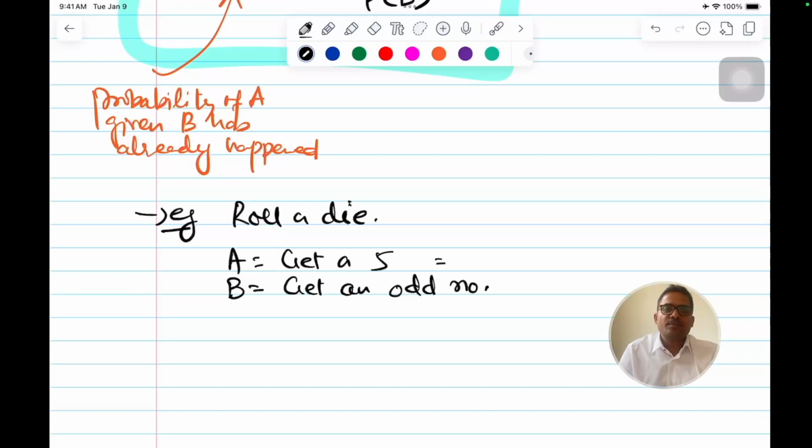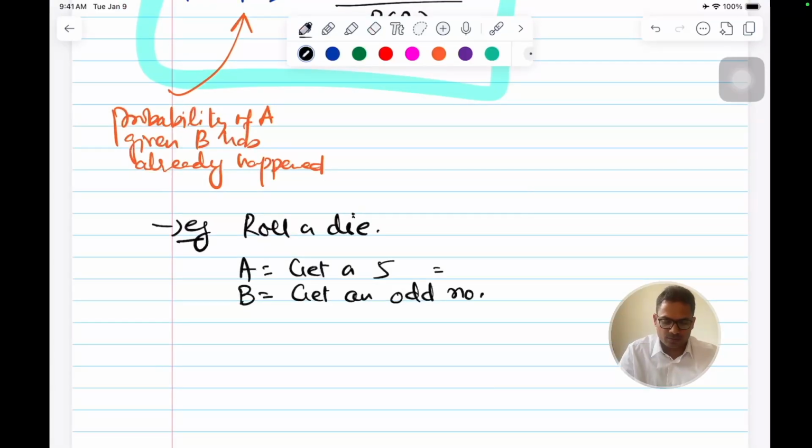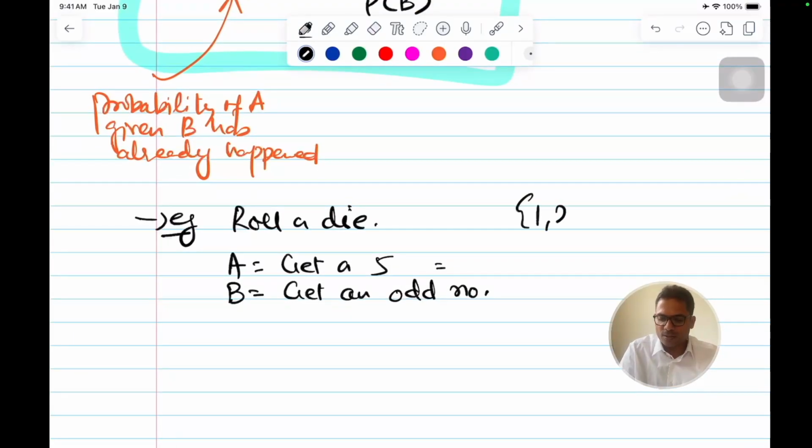We two are playing. I have rolled a die, and you want to find out the probability of getting a 5. Before any new information, the possible outcomes are 1, 2, 3, 4, 5, 6. I want 5 to happen, so out of 6, this is the 1. So the probability of A will be equal to 1 by 6.